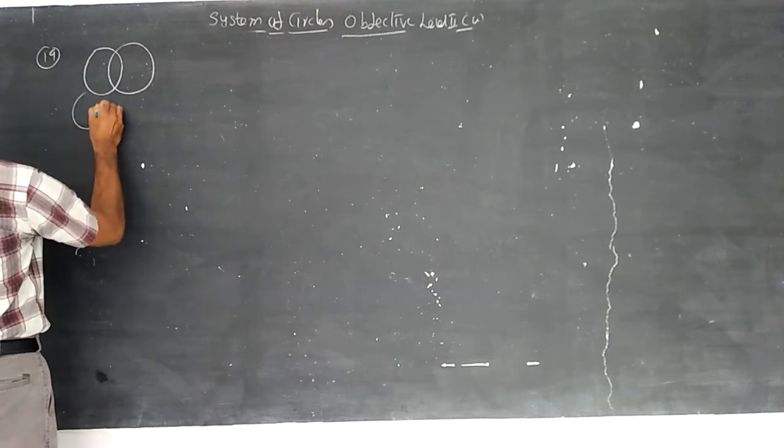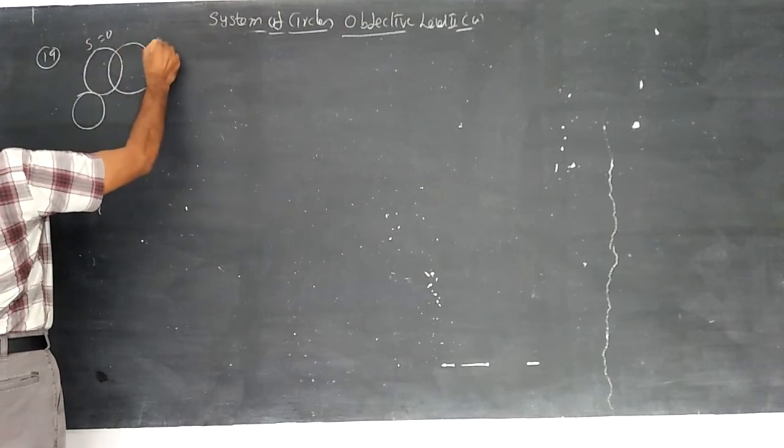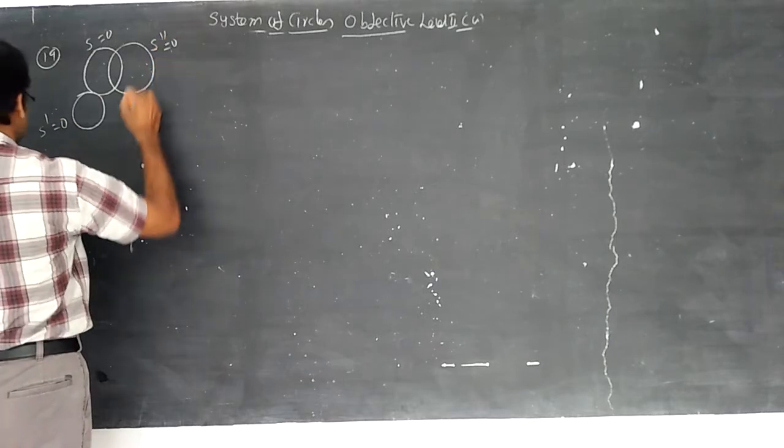Okay, let us write like this. This is the touching circle. This is S equal to 0, this is S dash equal to 0 and this is S double dash.